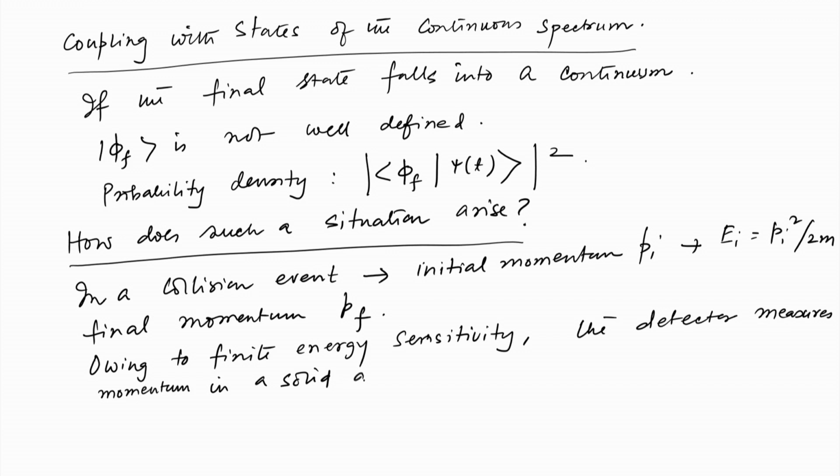In a solid angle d omega, and that gives basically the final state energy, which means that it is between some E f and E f plus d E f that the detection takes place.